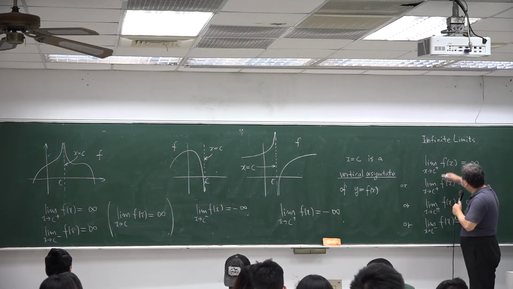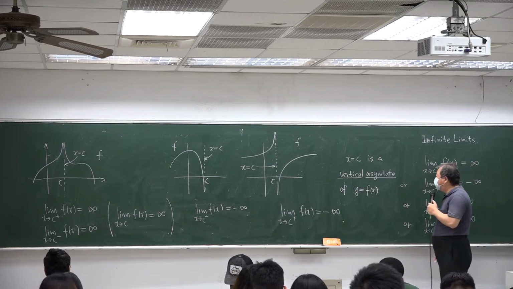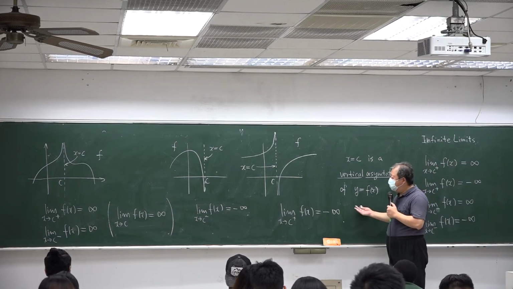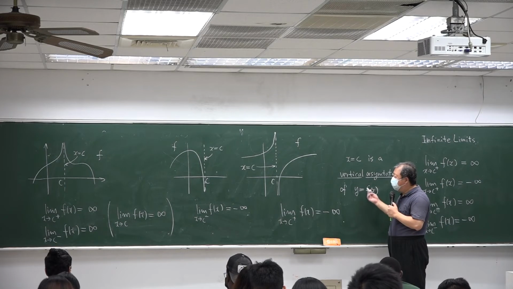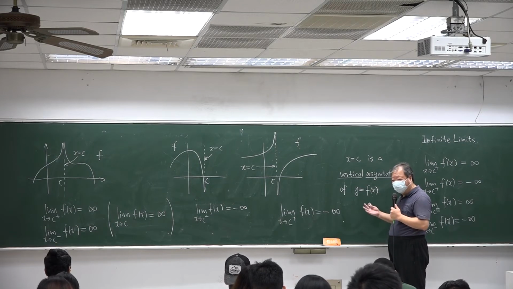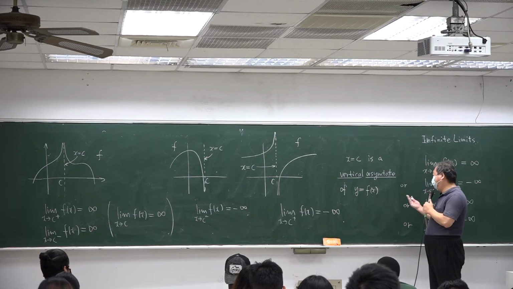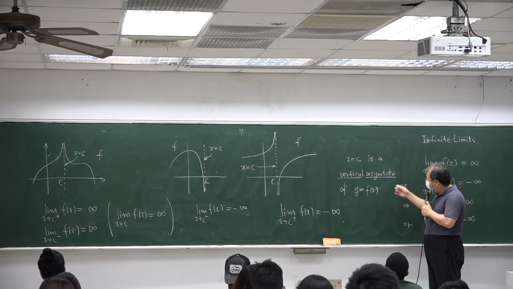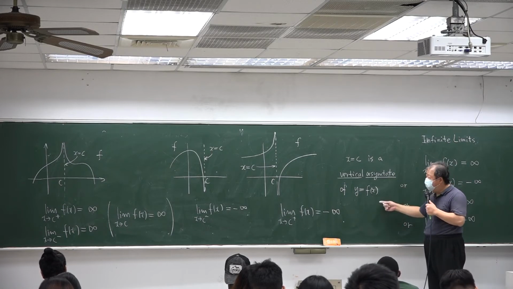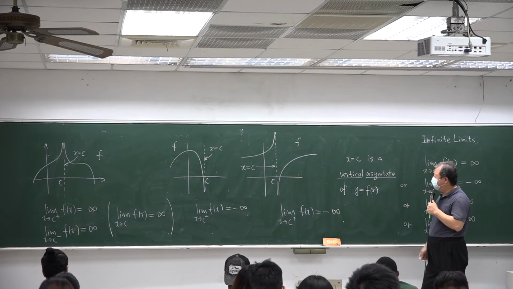Once we have an infinite limit, it then corresponds to a vertical asymptote, okay, at the point c, x equals c.